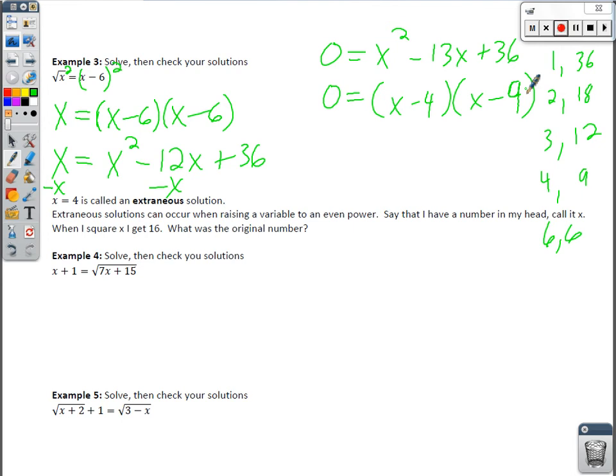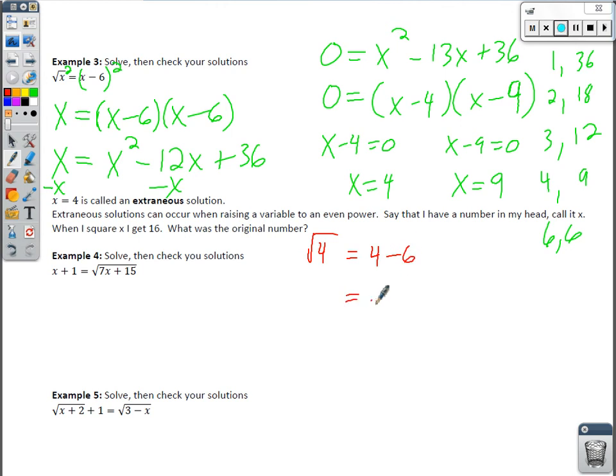Then we use the zero product property. Say that x minus 4 equals 0, or x minus 9 equals 0. Solve those equations, and it gives us 2 answers. Let's check both of these. So I'm going to take x equals 4 and plug it back into the original equation. So that's square root of 4 equals 4 minus 6.